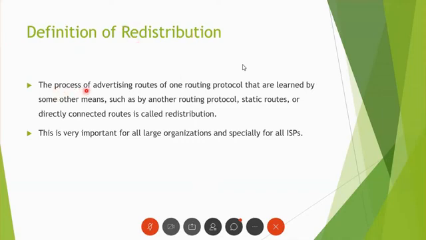It is a process of advertising routes of one routing protocol that are learned by some other means, such as another routing protocol, static routes or directly connected routes. Exchanging routes from one protocol to another is called redistribution.